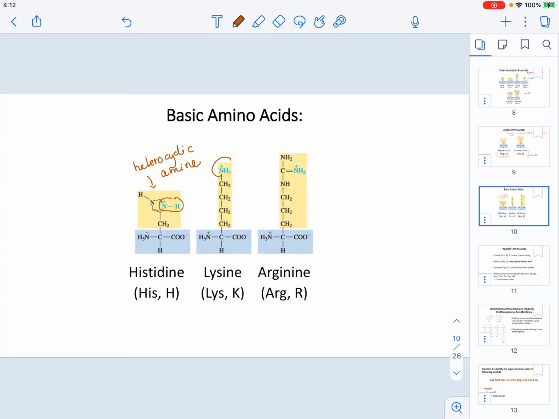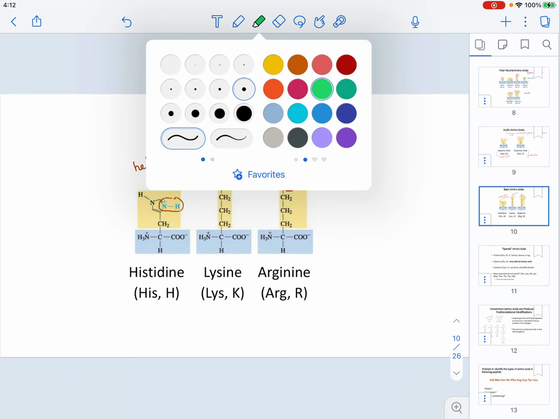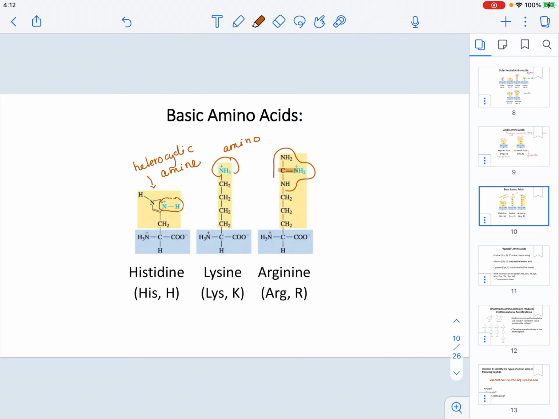Lysine is going to have an amino group at its end, which is the one that acts as a base. And when it comes to arginine, the following group that we see here, which is a carbon double bonded to an NH, single bonded to an NH2, single bonded to an NH, and then the rest of the side chain, is known as a guanidinium group.